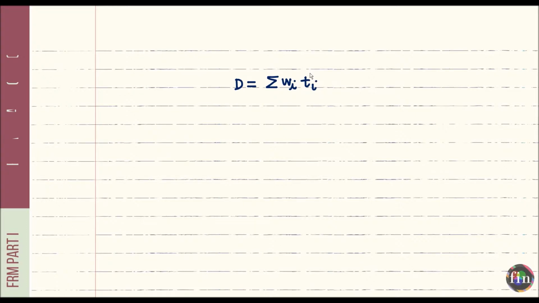Let's assume that at time ti, this instrument pays us some cash flow CFi. This interpretation is what we learned under Macaulay duration. Let's use it and see what happens as Y increases. Before I do that, let me write down what this weight is.